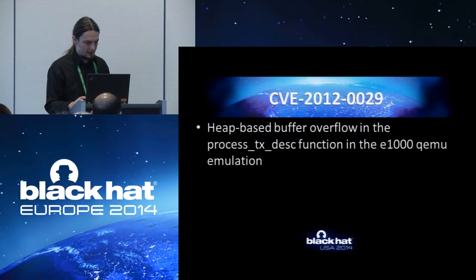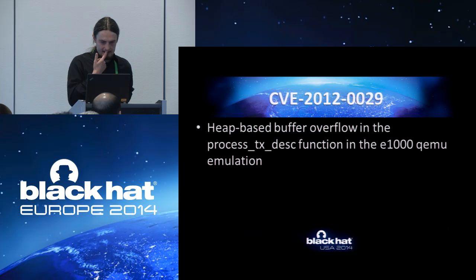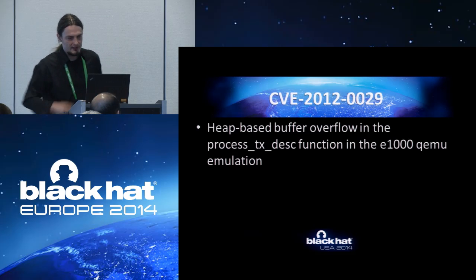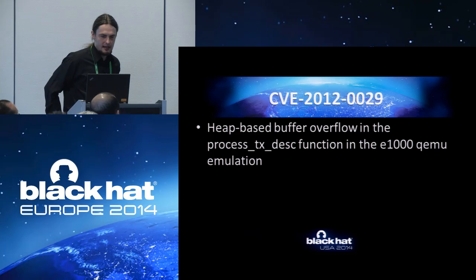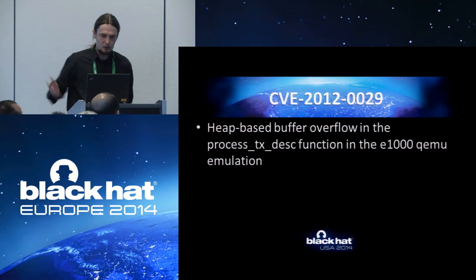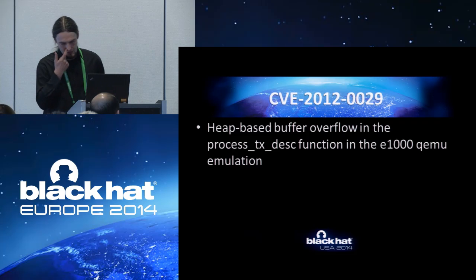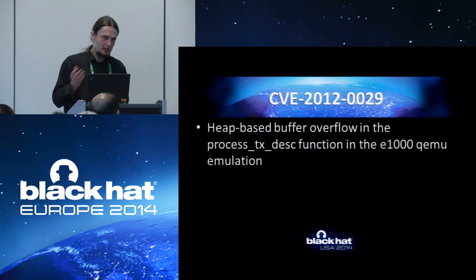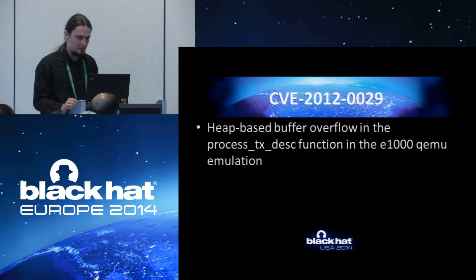Another problem, again, is in the device emulator. So you have CVE-2012-29 vulnerability, and it was a heap-based buffer overflow again in QEMU, in network card emulation. And again, as I mentioned, device emulation is really a source of problems.